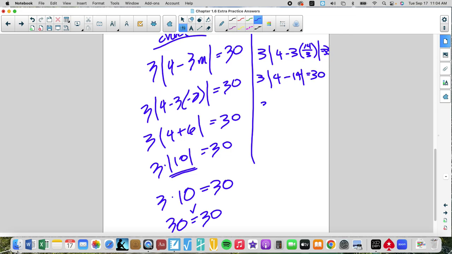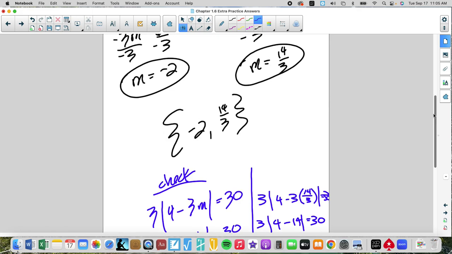And then I'm going to simplify inside there. 4 minus 14 is negative 10. I'm not going to multiply those two. I have to do the absolute value. The absolute value of negative 10 is 10. They drop off, and now I show the multiplication, and I get 30 equals 30. And that worked. So I know both my solutions were correct.